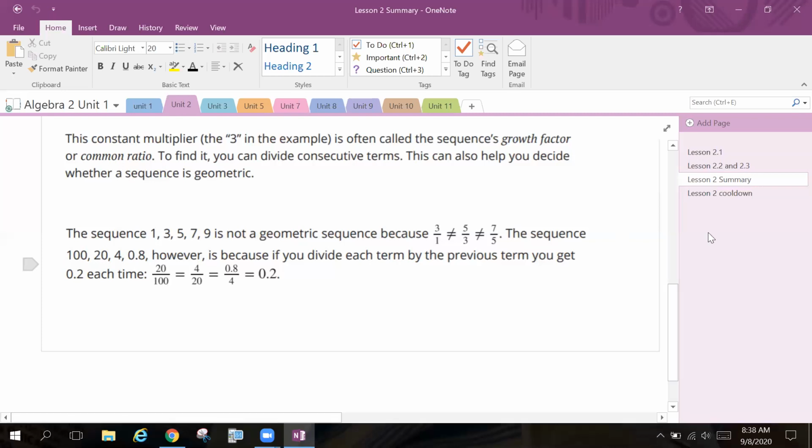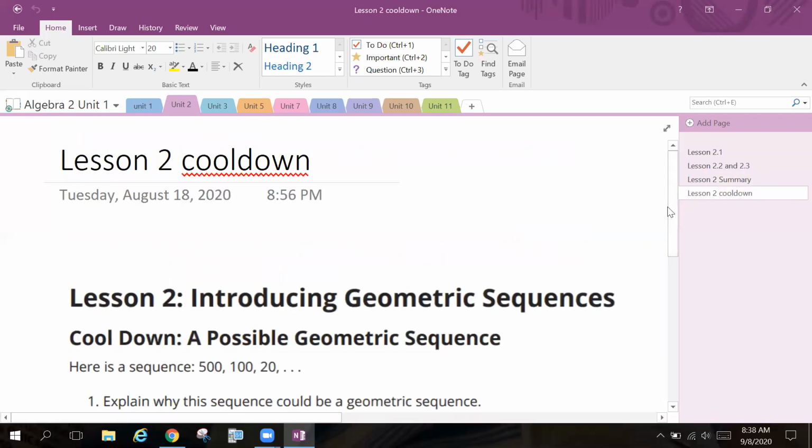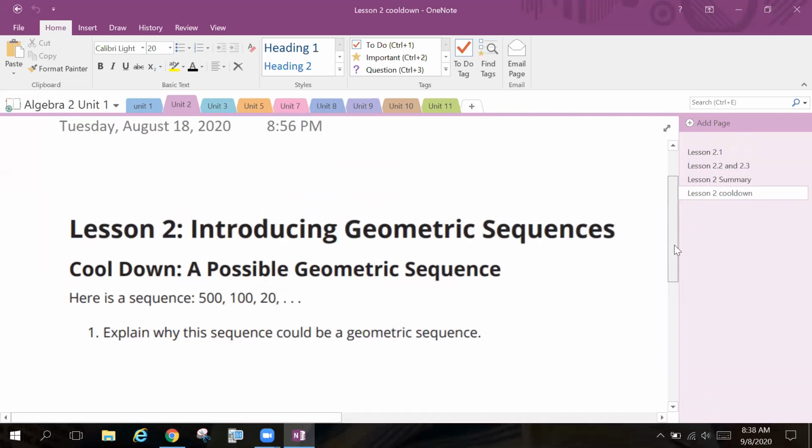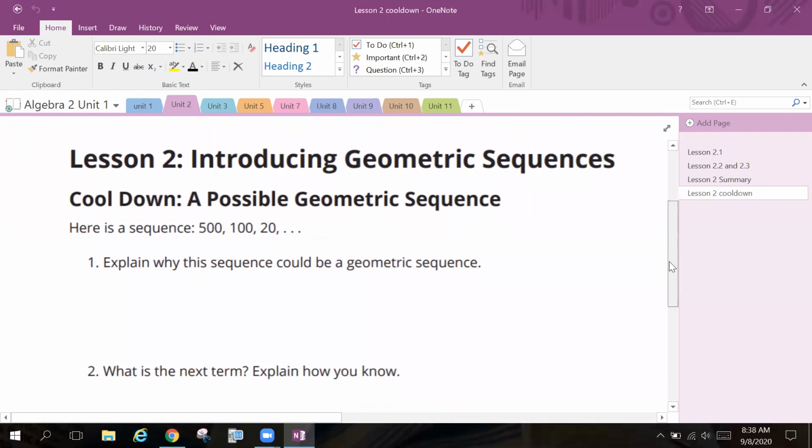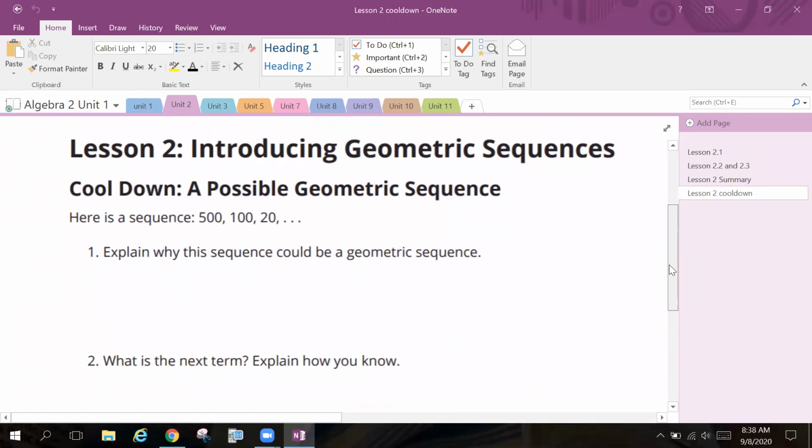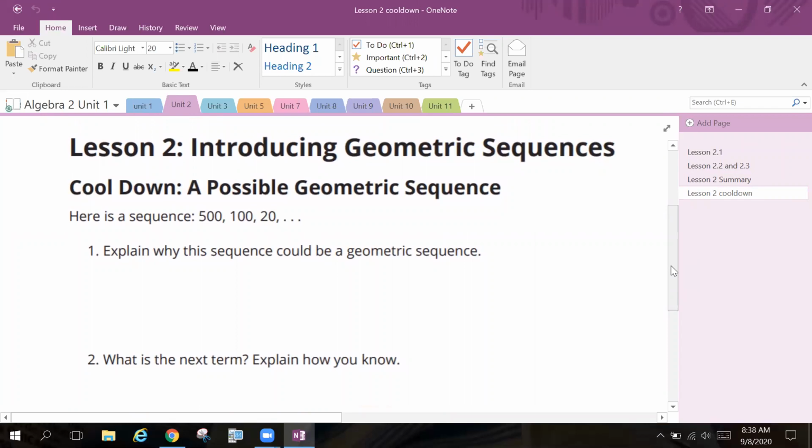So I put the cool down on, if you want to do it just on a piece of paper and turn it in, you can do it that way, or it's on Google Classroom. Okay. All right.